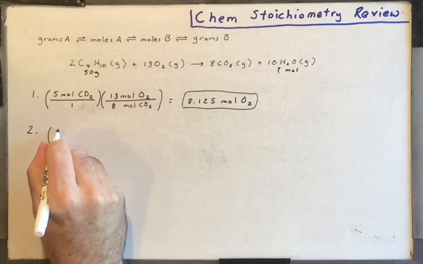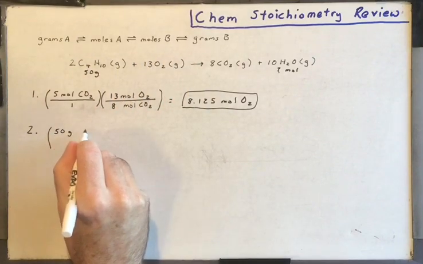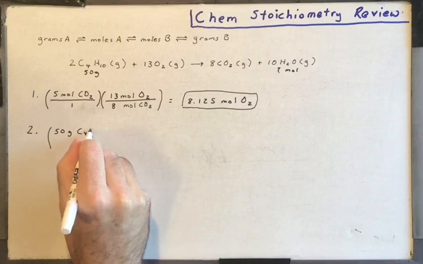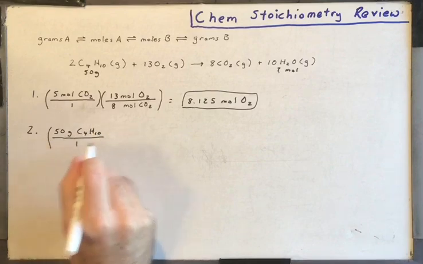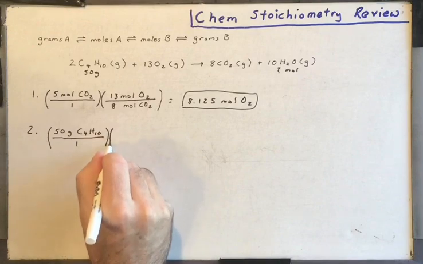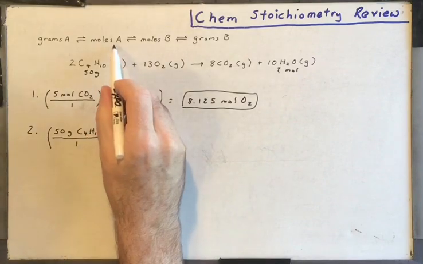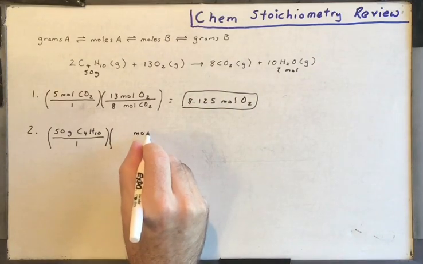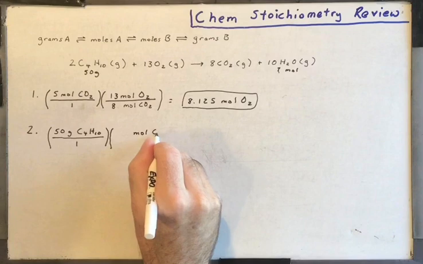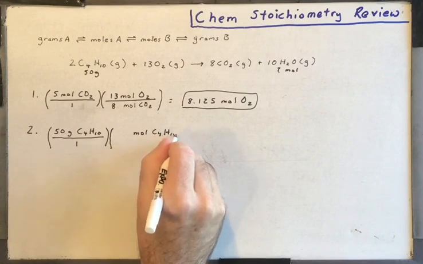So we have 50 grams of C4H10. Now I have to go to moles of C4H10 before I can go to moles of water. So we put moles of C4H10.